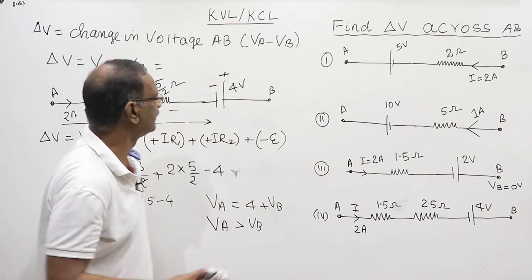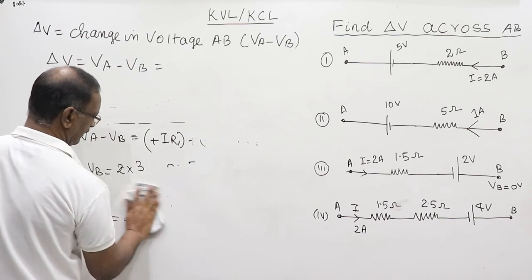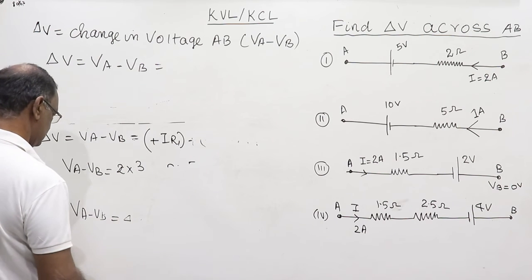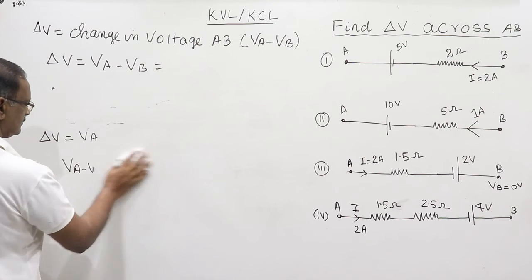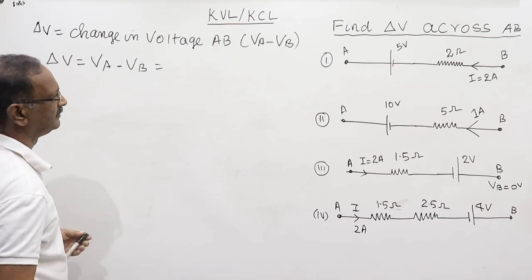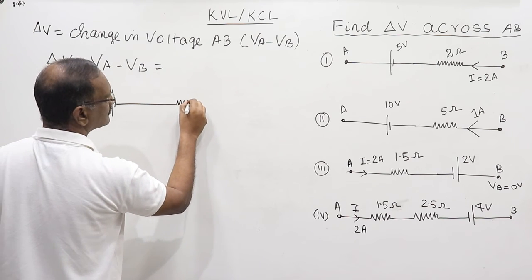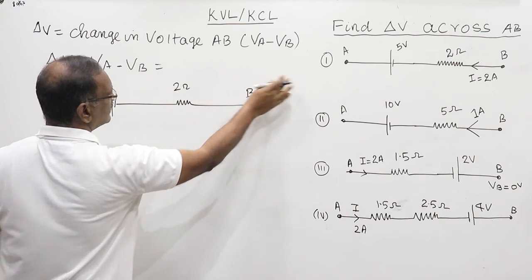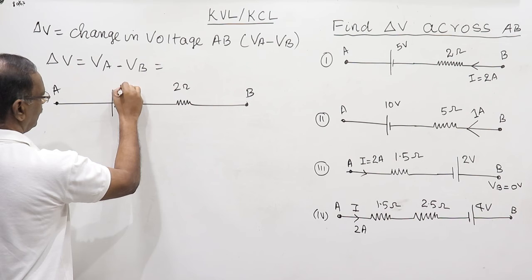Let us check the first problem. In the first problem, let us move in the opposite direction. This is the battery, this is 2 ohm, this is A, this is 5 volt.